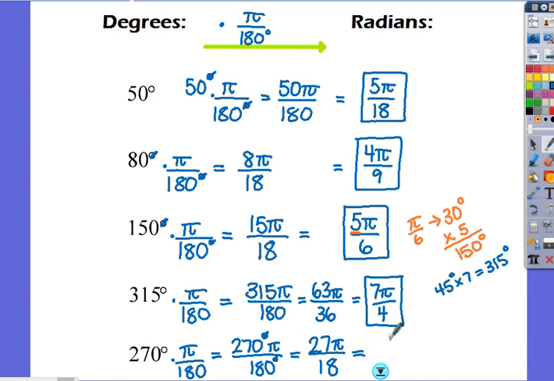Divide both by 9. 3 pi over 2. That's why I remembered that one, because pi over 2 is the same thing as 90 degrees. 180 divided by 2 is 90 degrees. So I've got a pi over 2 right here, and I want 3 of them. Take that times 3, and that's where that 270 came from. I'm just hoping that this sort of makes sense.